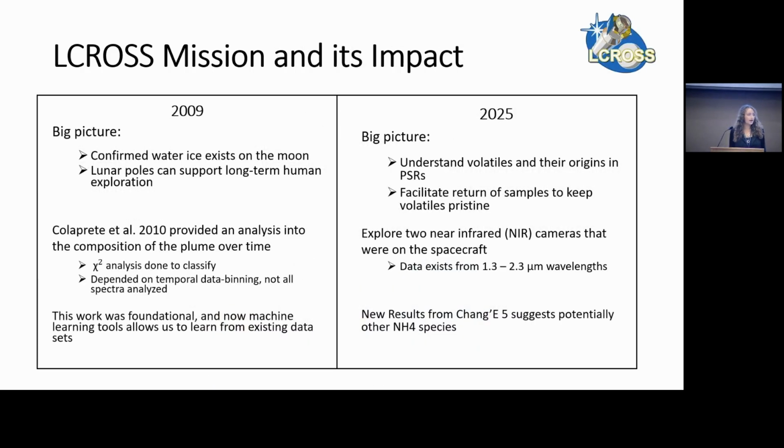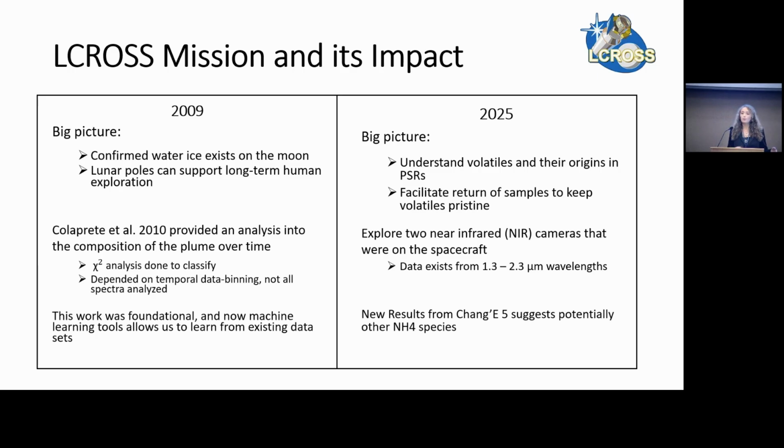In 2009, it confirmed that water ice does exist on the moon and that the lunar poles can support long-term human exploration. In 2010, Colaprete et al. provided analysis into the composition of the plume over time, but it was a chi-squared analysis, which can introduce bias. For example, if I were to try to fit water ice first using a chi-squared analysis, and then ammonia, I could get a different result than if I were to fit ammonia first and then water next.